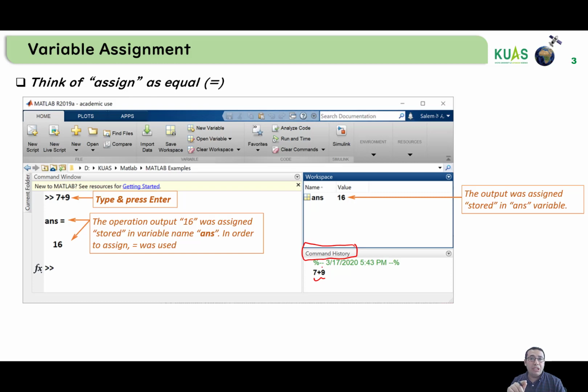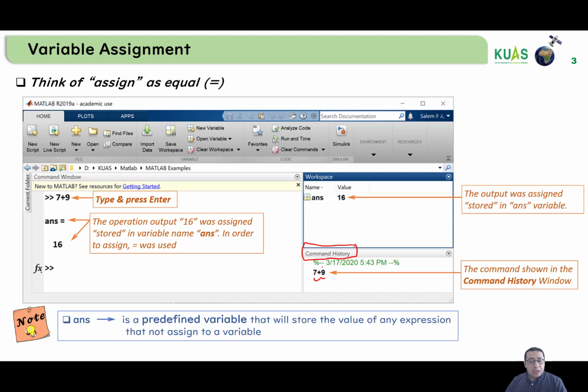For example, we wrote 7 plus 9. So in summary, ans is a predefined variable that stores the value of any expression for which we didn't assign a variable.